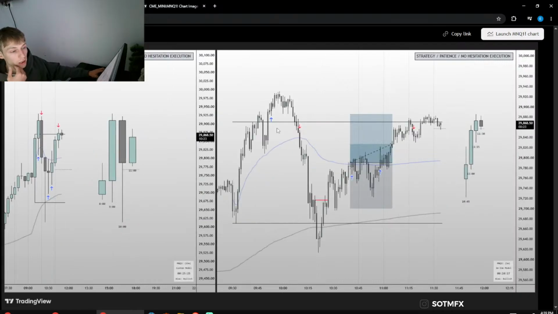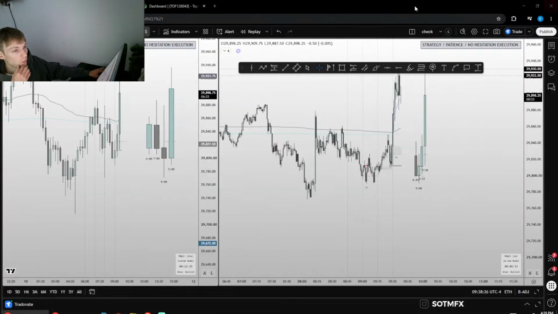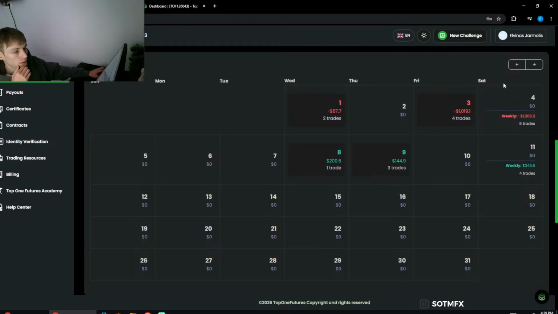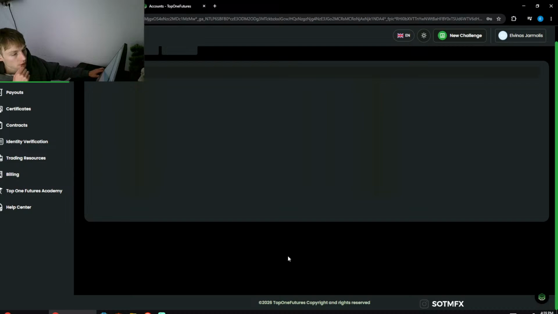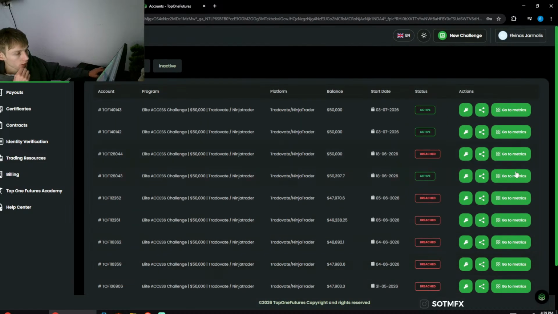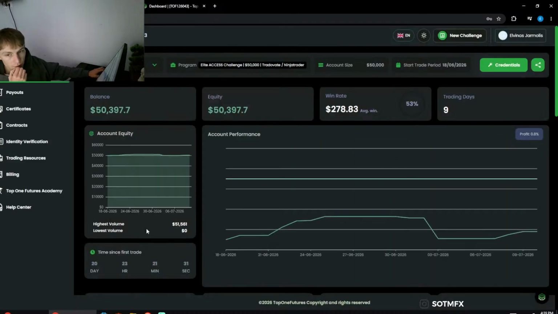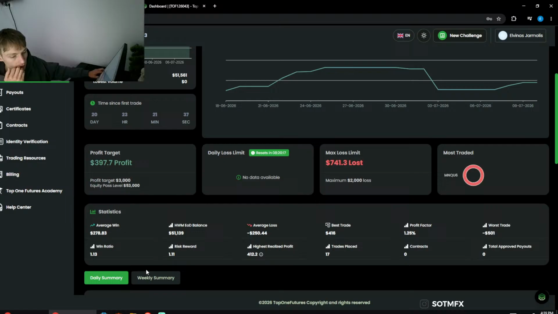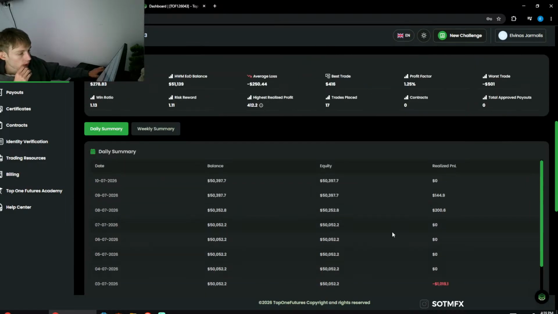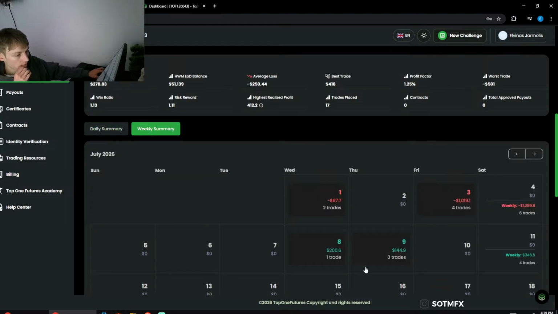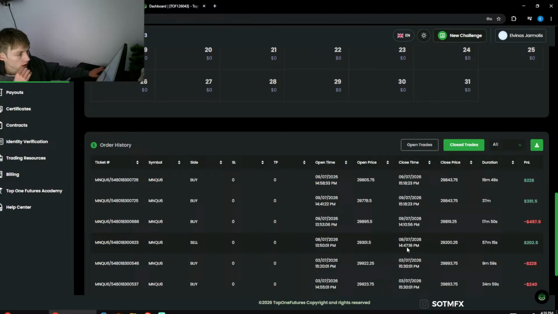So that's how I went from a negative. I had two trades again, both were buys. So I went from negative to positive, because, you don't see the trades, but actually there was this right here.